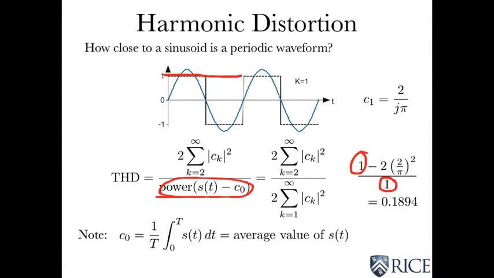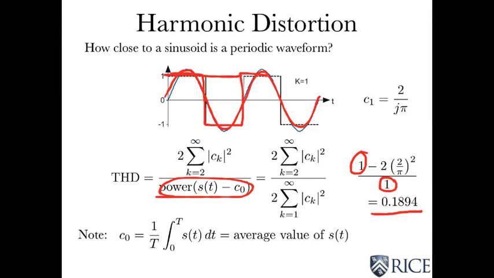Well, you plug in the numbers, you do the calculations, you wind up with about 20% harmonic distortion. What that means is that the square wave has about 20% of its power in higher harmonics, and another way of saying it is that the sine wave approximates the square wave in such a way that it captures 80% of the power. Well, it turns out that's a spectacularly large harmonic distortion.